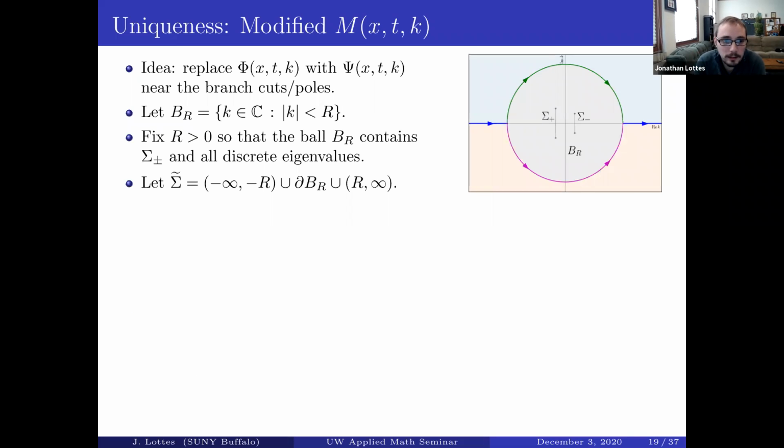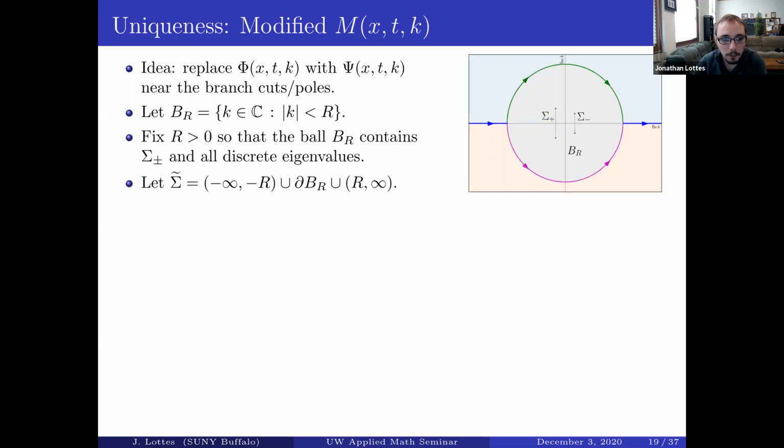And so the idea is to replace phi with psi when we're near the branch cut and poles, because psi is analytic there. We'll let BR be the ball of radius R, and we'll fix an R big enough so that this ball contains both branch cuts and all discrete eigenvalues that were specified in our Riemann-Hilbert problem.